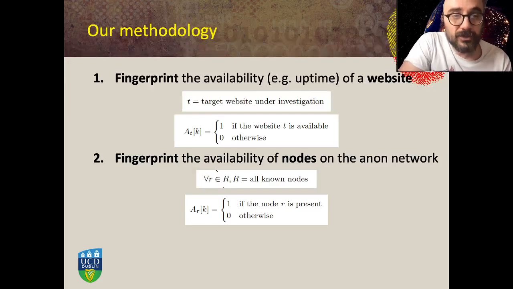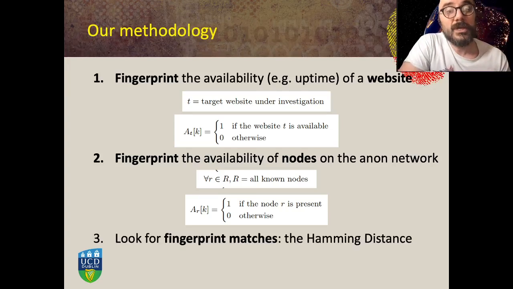Again, where at intervals k, let's say for example every minute, we measure and we keep track if the node was present and available on the anonymity network or not.